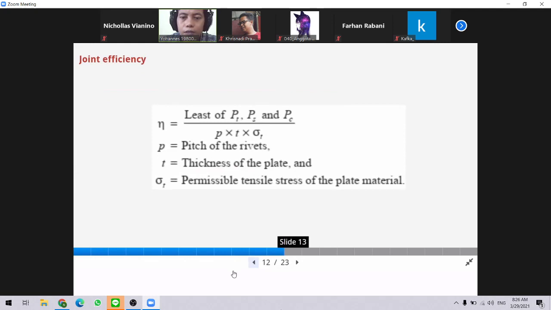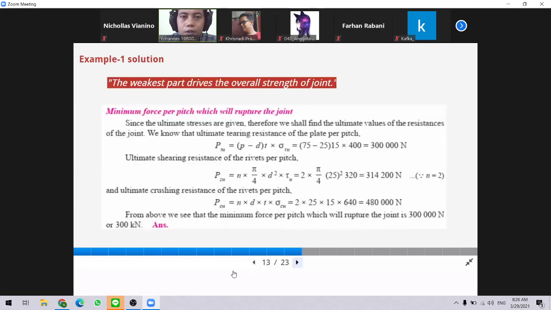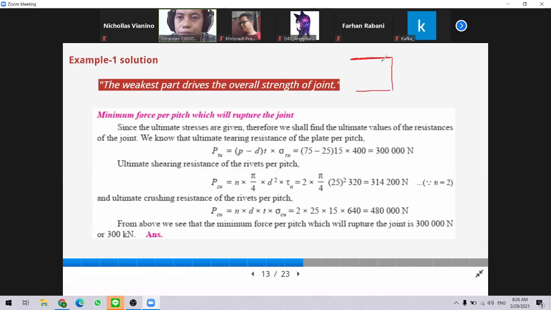But it has disappeared. Okay, so the problem is that we have a single lap joint here.